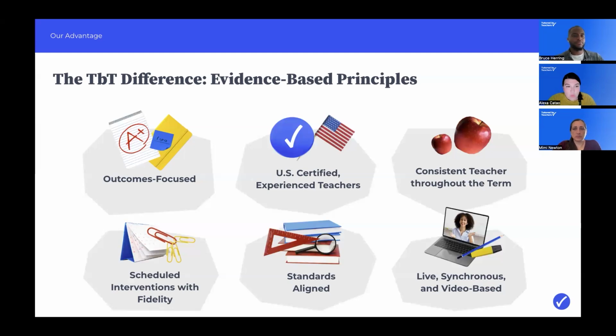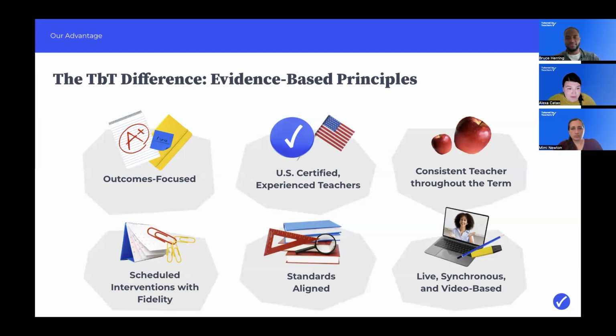As a high dosage tutoring model, we're always scheduling our interventions regularly. We're really aiming for that high dosage, which means meeting multiple times a week, trying to hit that critical dosage to make an impact. And we try to keep it standards aligned, skills aligned, and we're all virtual, but we make it work because we're able to bring our expert teachers to all corners of the country to serve students right where and when they need it.